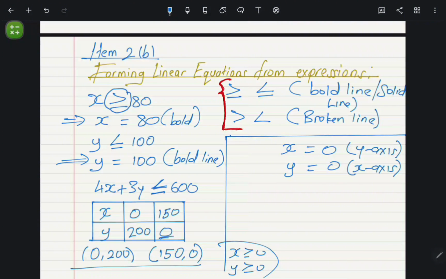One thing that I forgot to tell you, my dear friends, is about defining the variables. Some people try to be clever and want to use other letters. It is preferably x and y that should be used in mathematics. Some of you will say let the number of boys' uniforms be s, let the number of girls' uniforms be t. You are being too clever. Don't bring your k, don't bring your q.